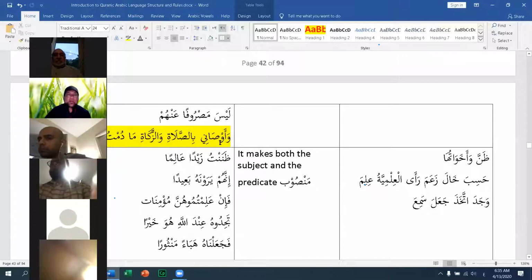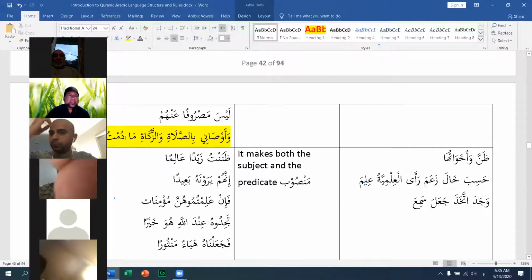He said, Allah has advised me or commanded me to do salah and to give zakah, as long as I'm alive. This dumtu is the first person singular past tense of dama. Dumtu, I remain alive.